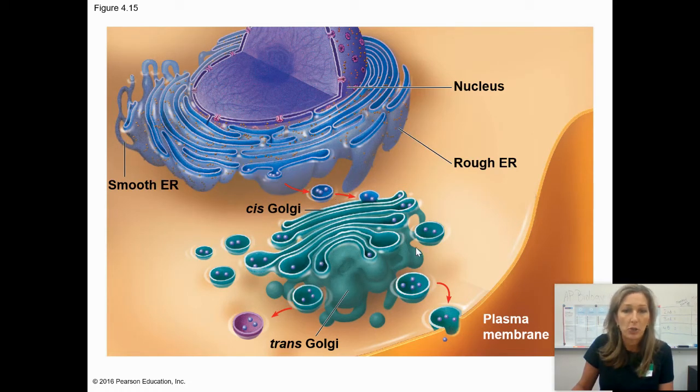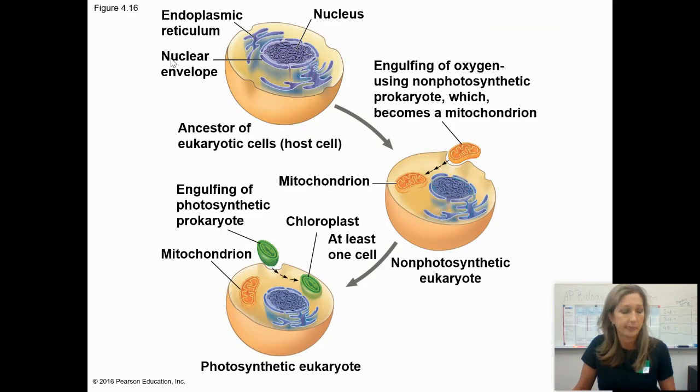But here's my transport vesicles, another term that we should make sure we're understanding. Your smooth ER, I'm going to recognize because one, it's smaller membranous tubules, but I also don't have any ribosomes attached to it.